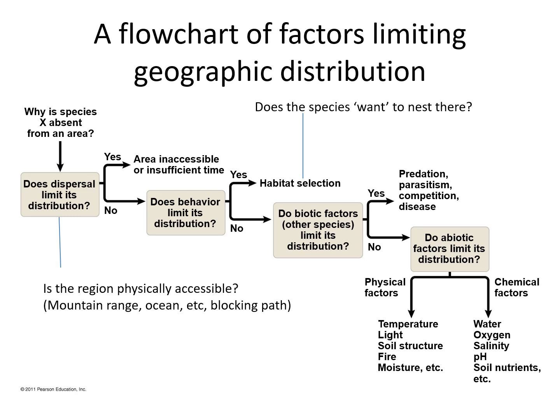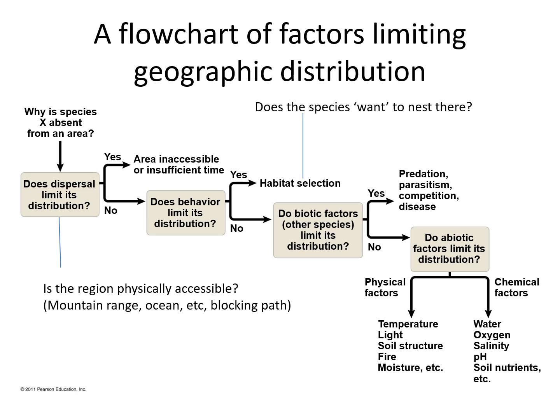But here's a quick little flowchart that will lead us into that discussion. So if a species is absent from an area, we have to think about several reasons why that might be. First of all, was there a human disturbance, or was there a disease or something like that? But assuming there wasn't, we have to think about, is there something that limits their distribution, their ability to disperse?